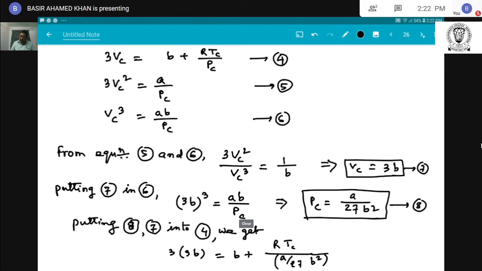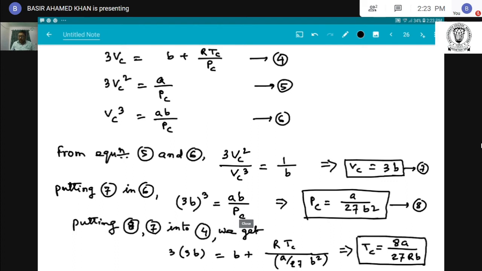That means from here we get Tc equal to 8a by 27 Rb. This is the value of Tc.